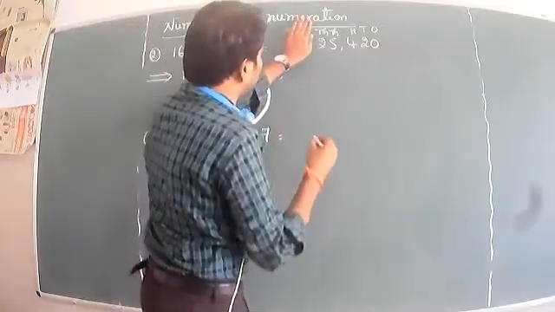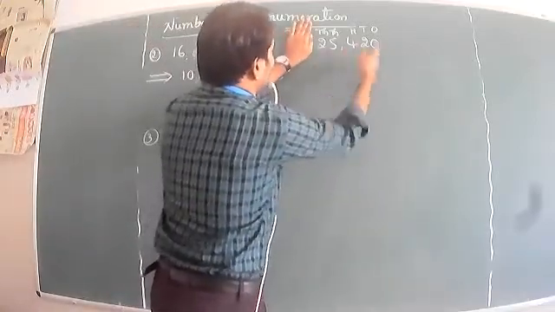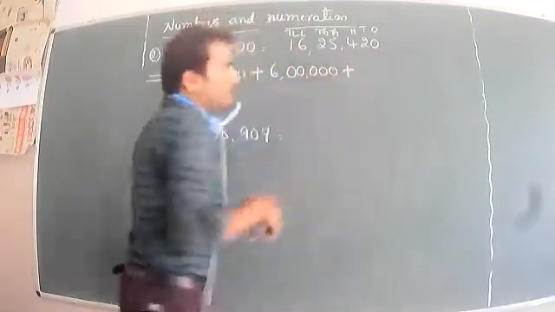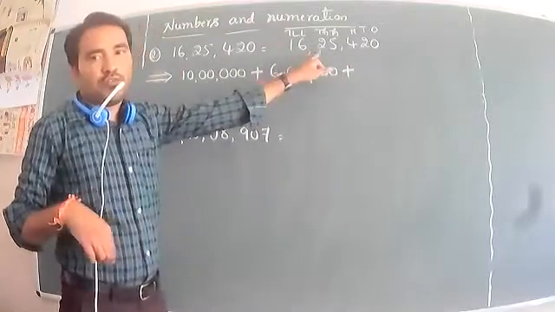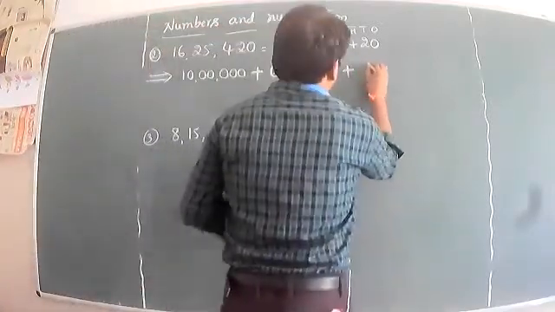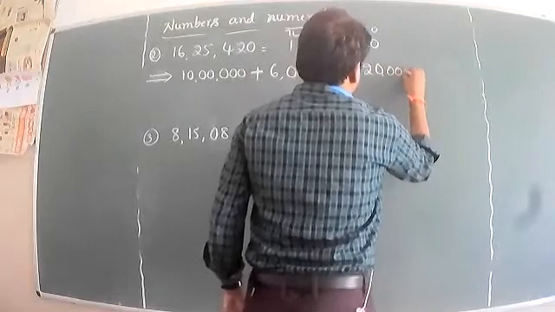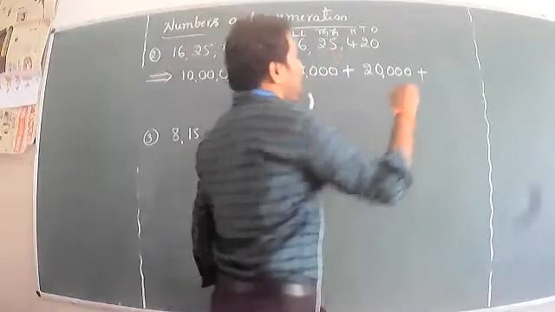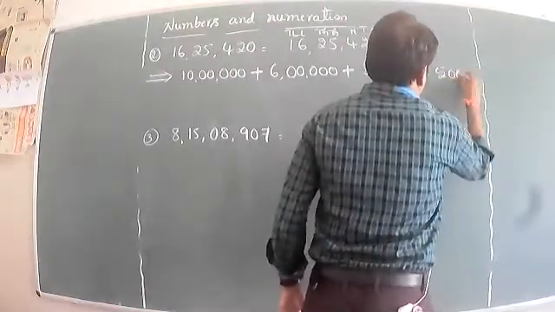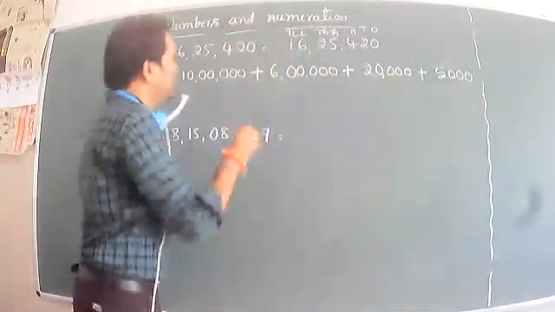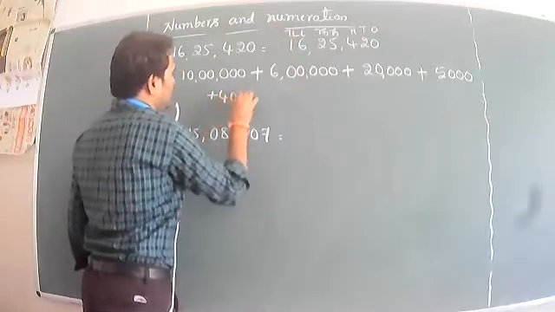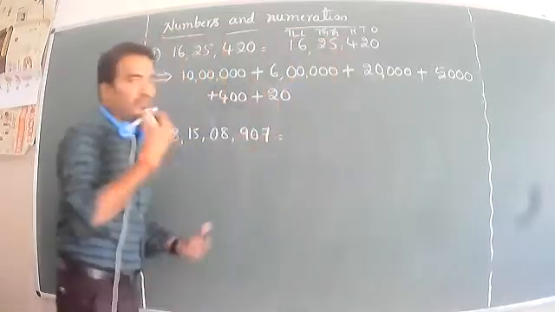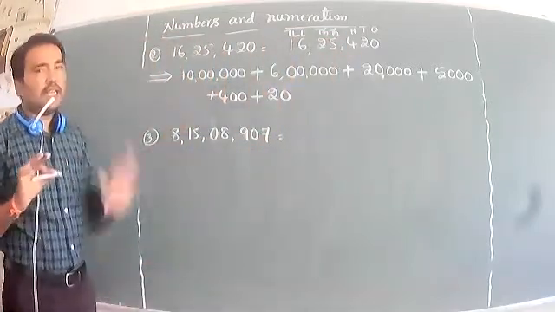So 6, close that, 1, 2, 3, 4, 5. 6 lakh plus next 10,000, how much is it? 20,000. Next 5,000. Next 400 plus 20. The ones place is 0, so we leave it. So this is the expanded form.